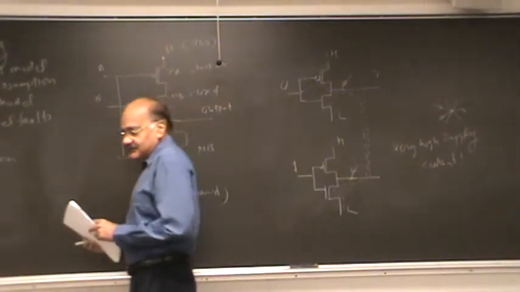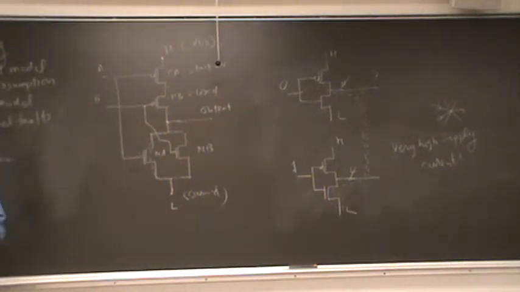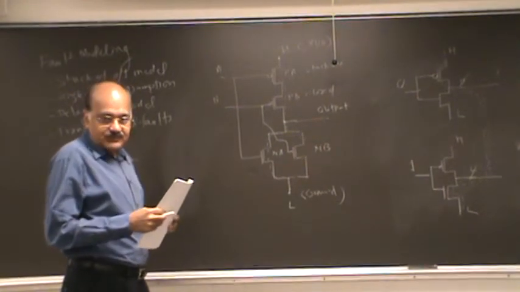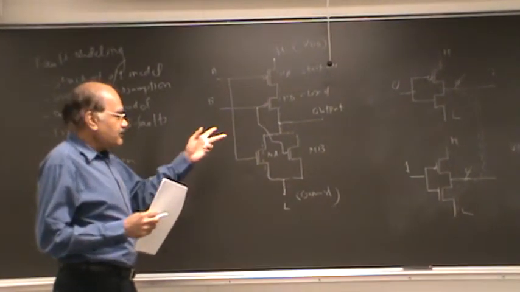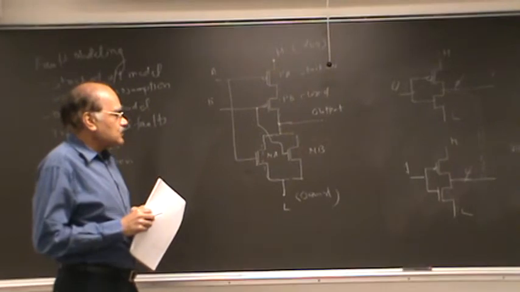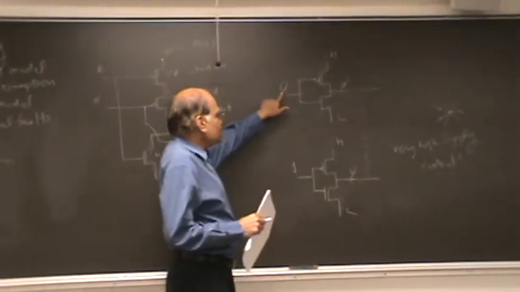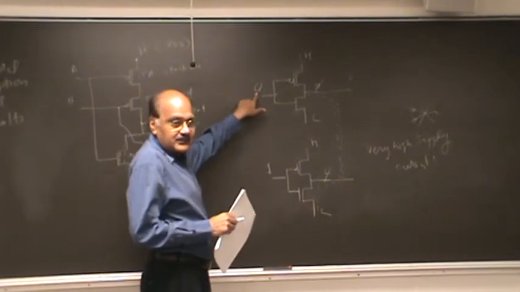So if you are monitoring the supply current, that is a very good test for shorts. Now remember, this type of short would be very easy to detect. All you need to do is to apply two different values here.